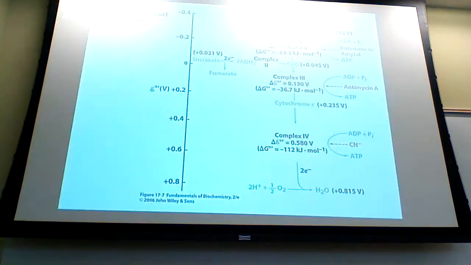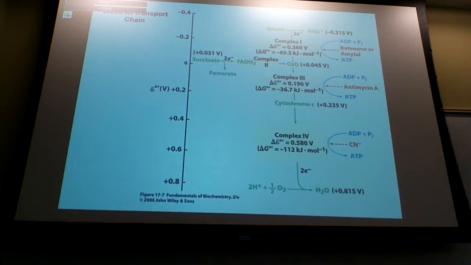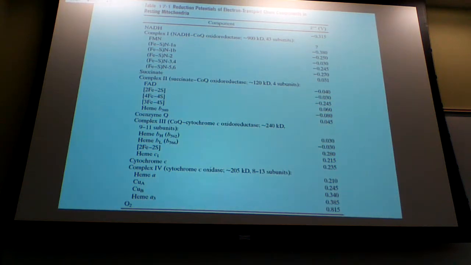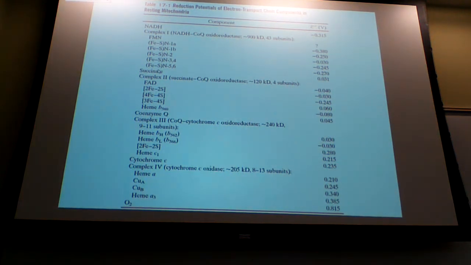Okay, so we're at the first complex. So, complex 1, NADH is going to pass its electrons to complex 1. They're going to eventually pass them to coenzyme Q. Back to this table. We'll come back to this table several times. This just lists all the different redox centers that are in the complex.